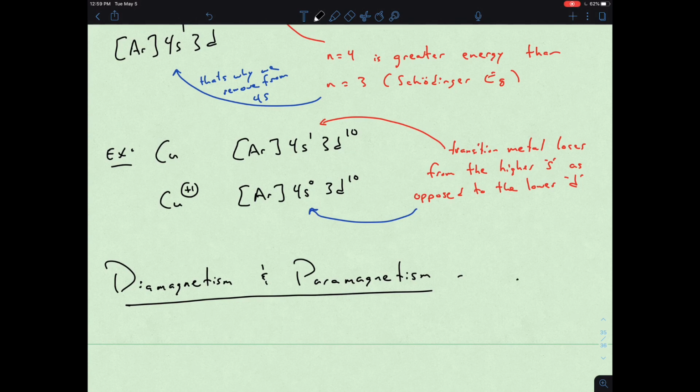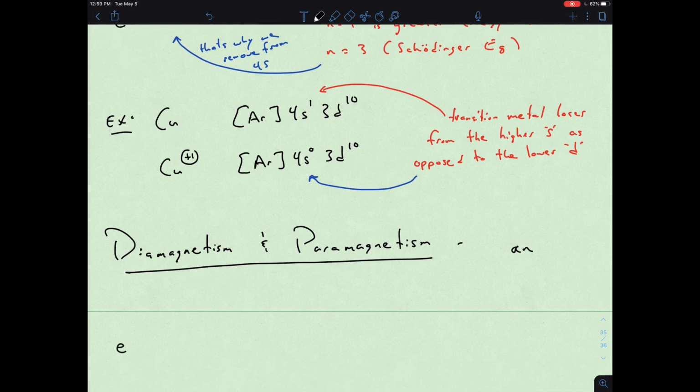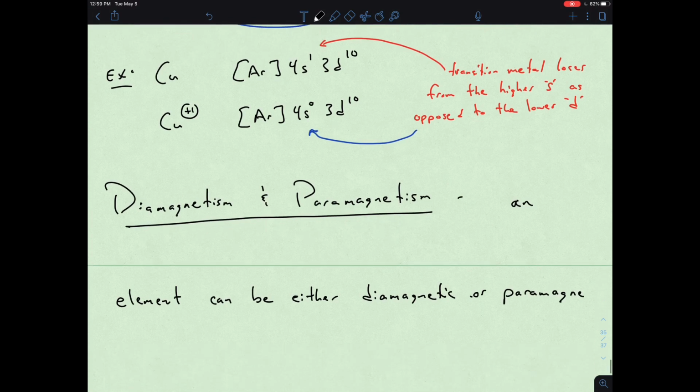So when we look at this idea, an element can be either diamagnetic or paramagnetic.